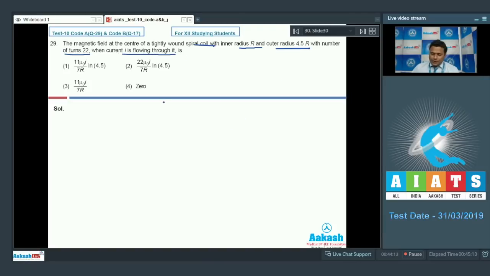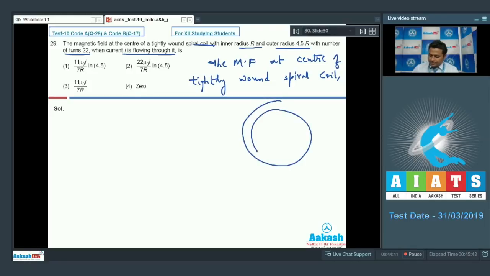First of all, we know the magnetic field at the center of a tightly wound spiral coil, that is something like this.